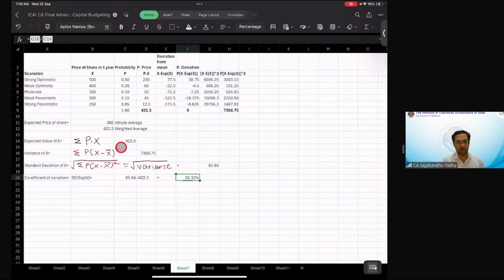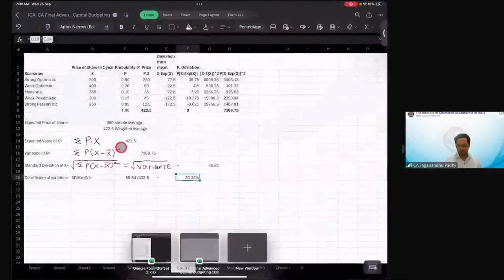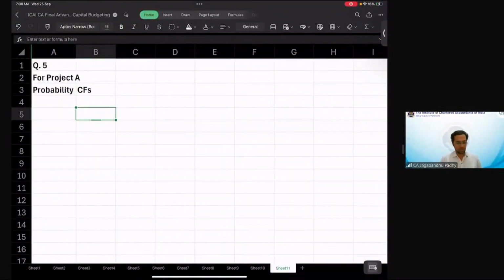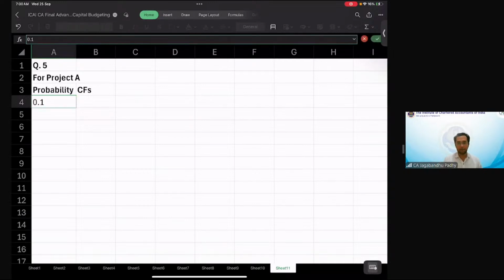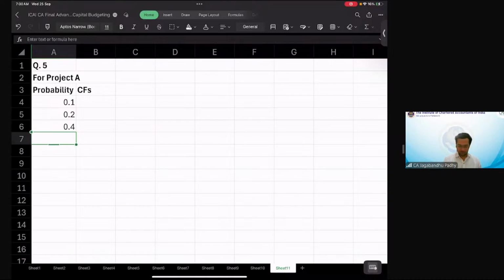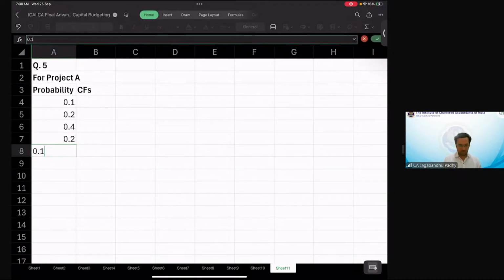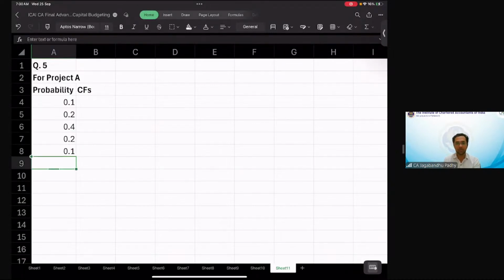X bar was our expected value. So first we need to get the expected value here. Probabilities are given to us: 0.1, 0.2, 0.4, 0.2, and 0.1, right?